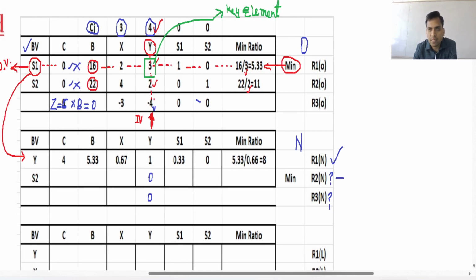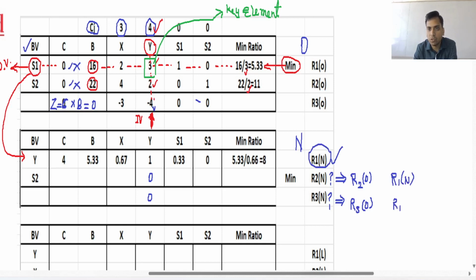So we will make formulas for R2 new and R3 new. Always, R2 new and R3 new are based on their own old row, R2 old and R3 old, and on the existing new one, R1 new.